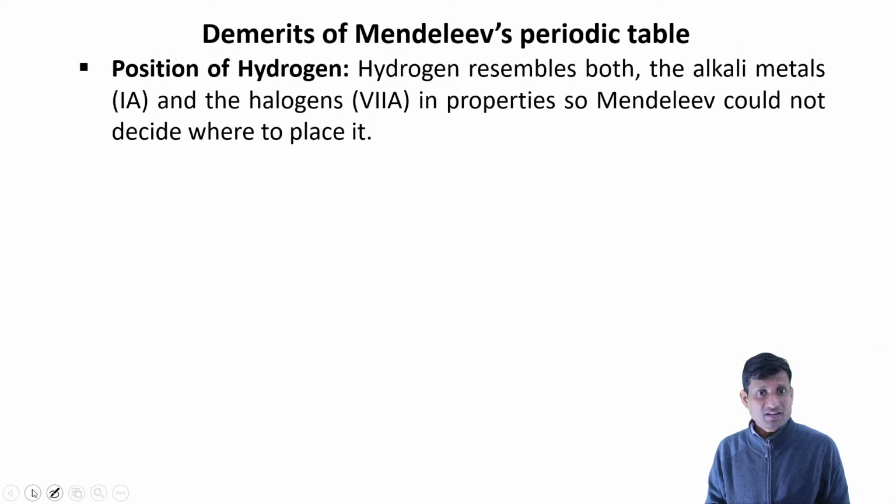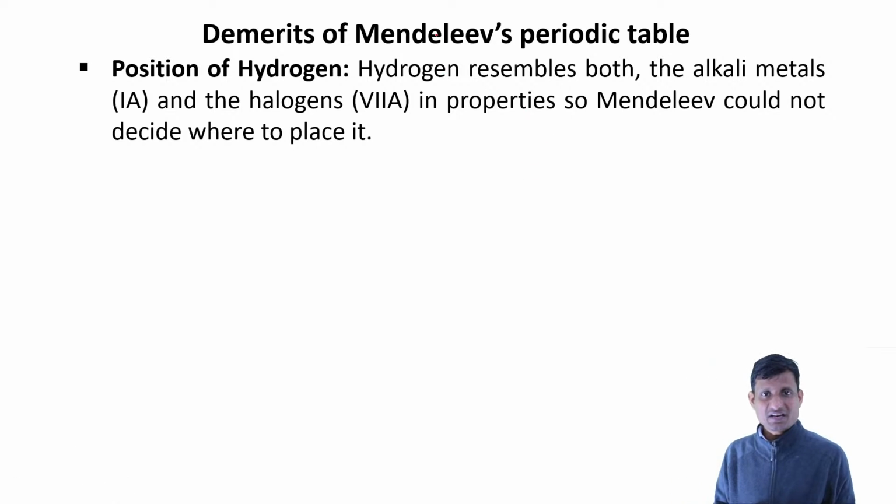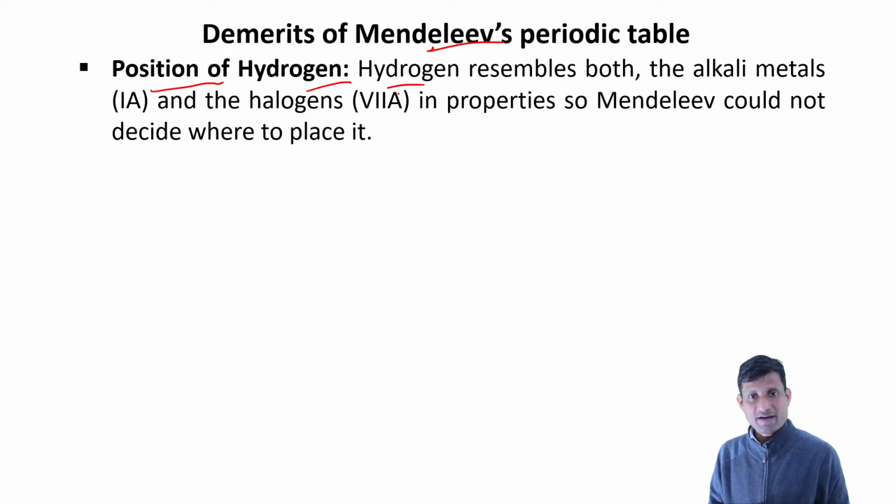Okay, so apart from that, now we have some demerits, or limitations, of the Mendeleev periodic table. First of all, the position of the hydrogen atom. We still have an issue with hydrogen, basically where to place it. Hydrogen very much resembles the alkali metals, that is group 1A in the Mendeleev periodic table, and it also resembles 7A, which we call the halogens.